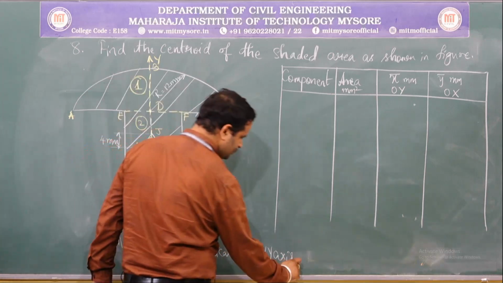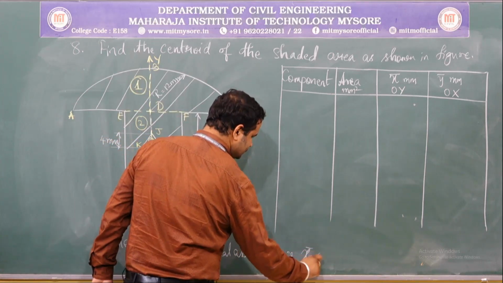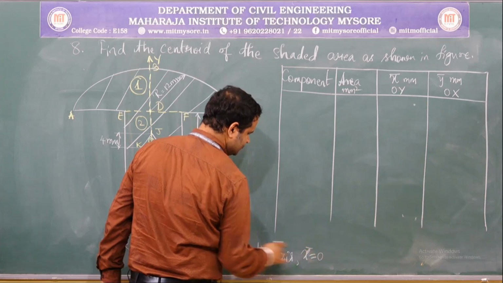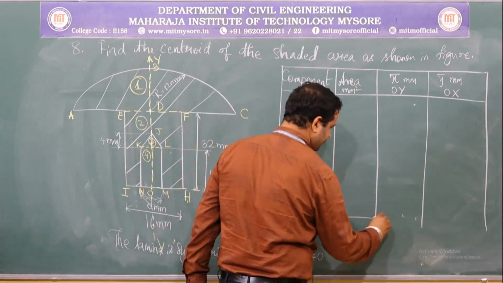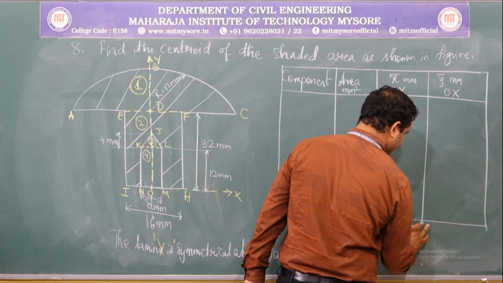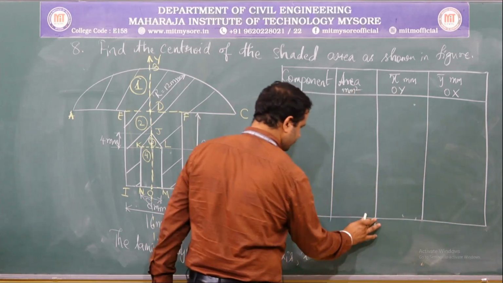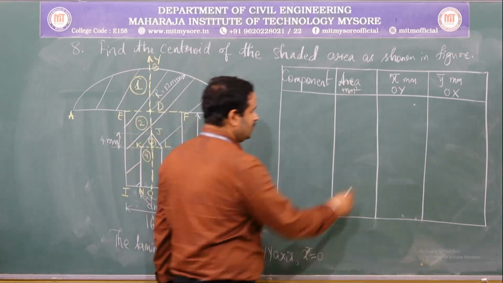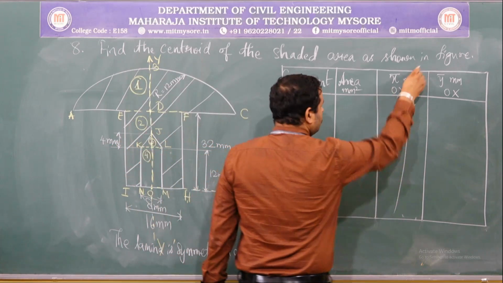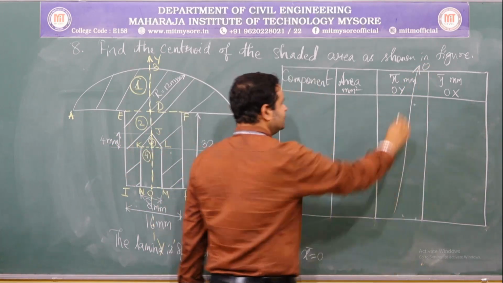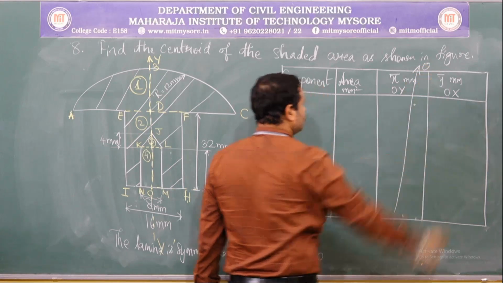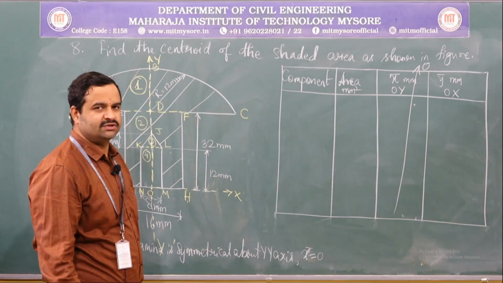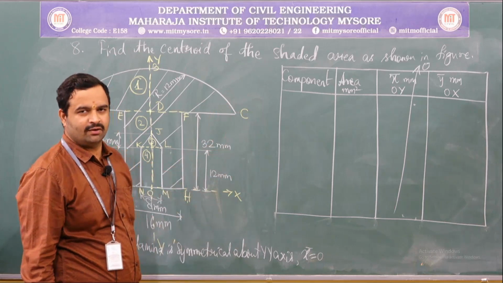Therefore, x bar is equal to 0. So, if x bar is 0, the entire column will be 0. Okay? You just need to enter the y bar components.